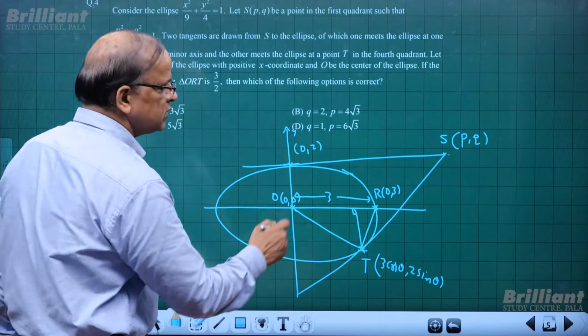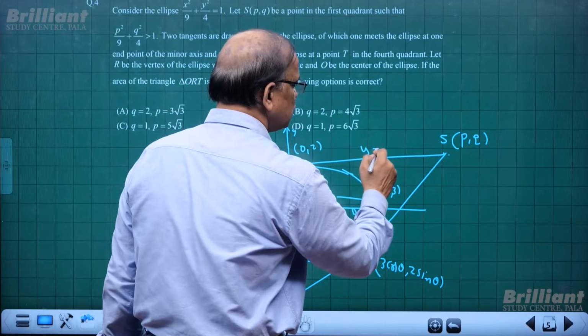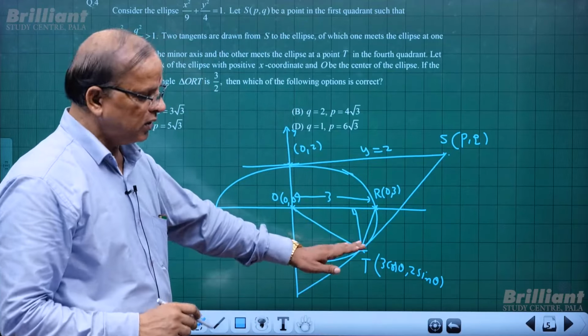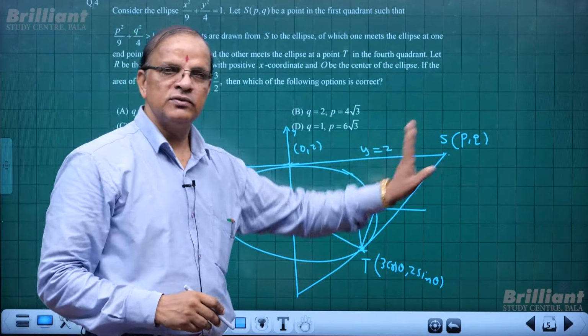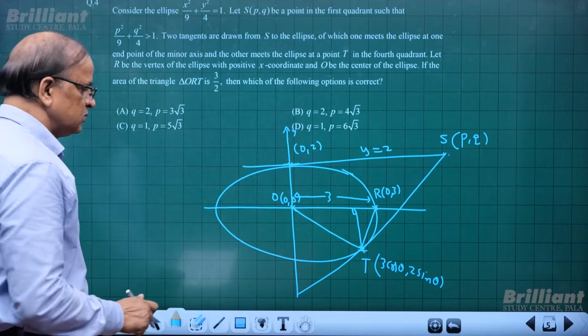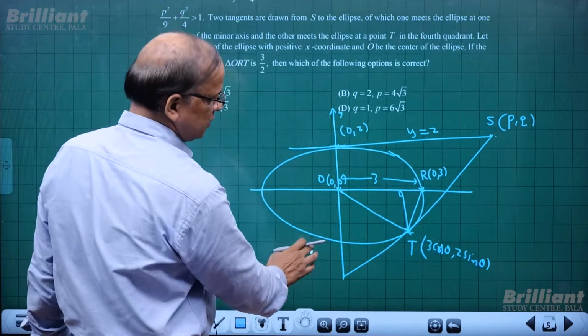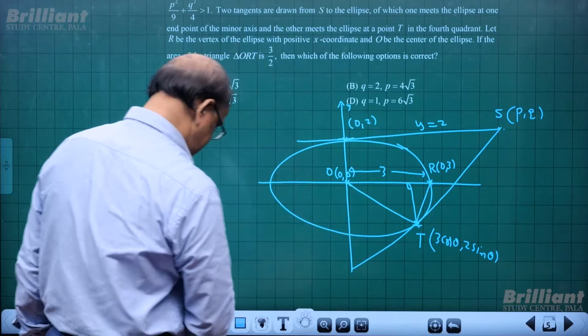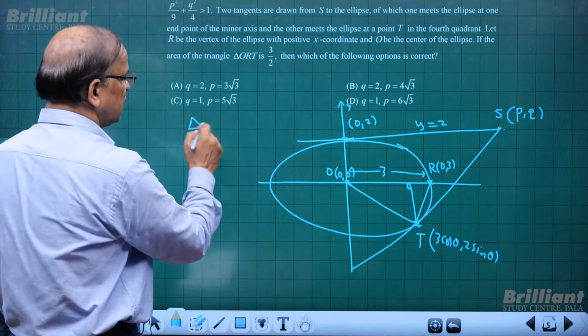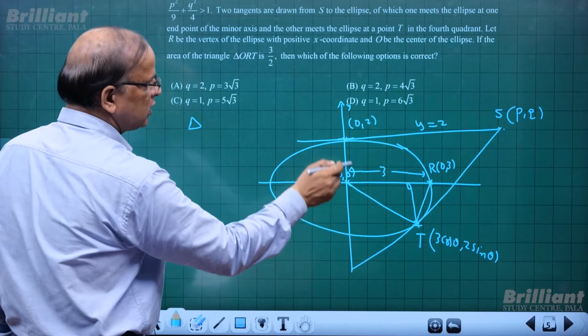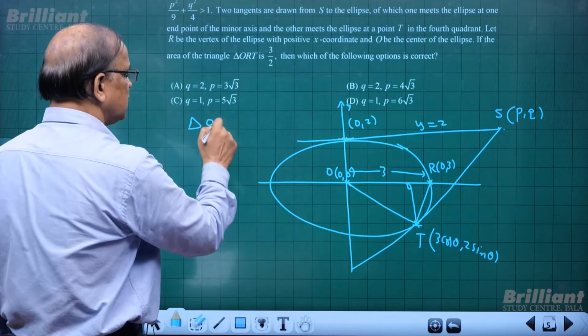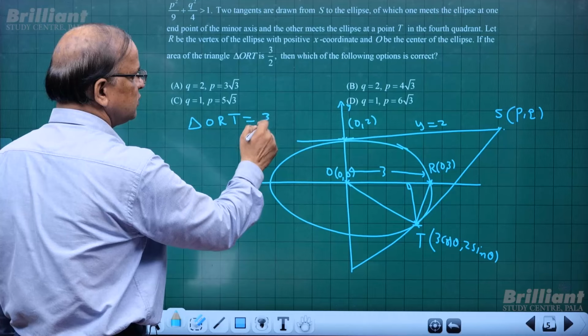So this line is y equal to 2, the tangent. Now I'll write the tangent at this point and solve. You'll get that point. So for this, use the area of triangle. Area of triangle OTR or ORT is given as 3 by 2.